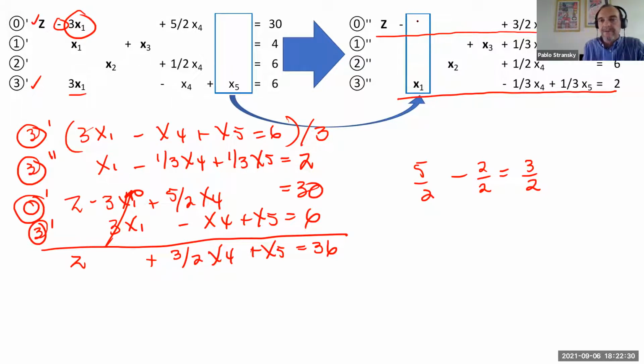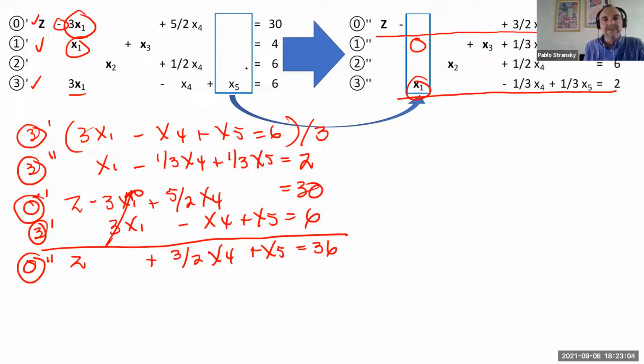So that was for equation 0, and this becomes equation 0 double apostrophe, which means it's for the second iteration. Regarding equation 1, we need this 1 that we got here, but now I need it as 0. I got here a 1, and here also a 1.